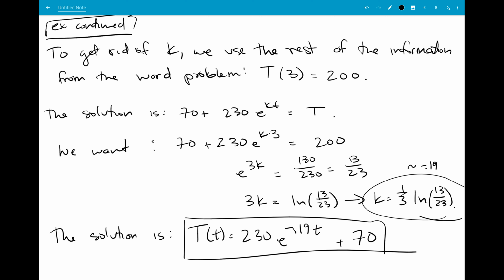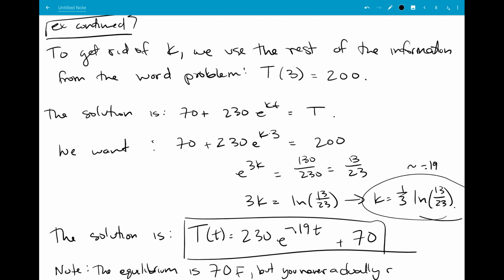Sort of an interesting point. When we learned about equilibria, we said that for this type of equation, the equilibrium is room temperature. For us, that was 70. And it's a stable equilibrium, so you should head there. But you're never actually going to reach it.